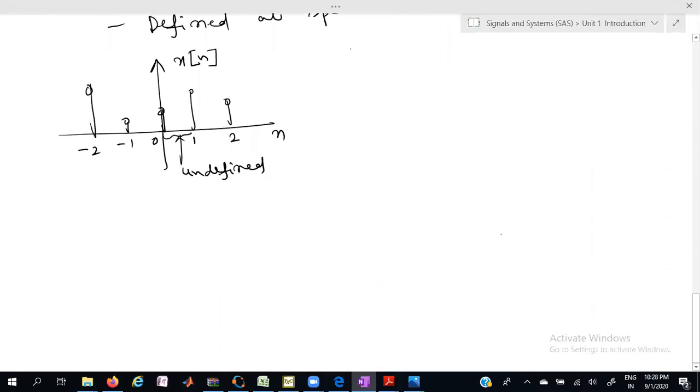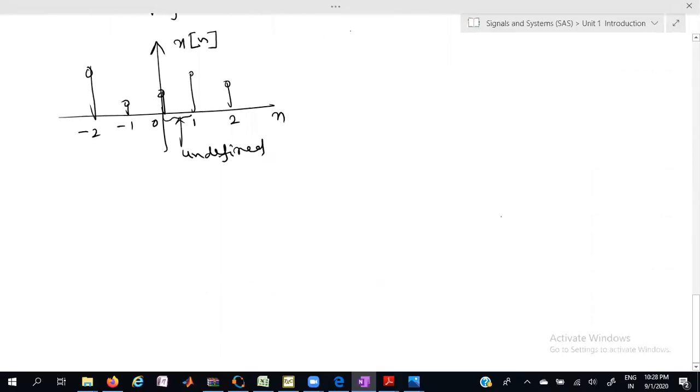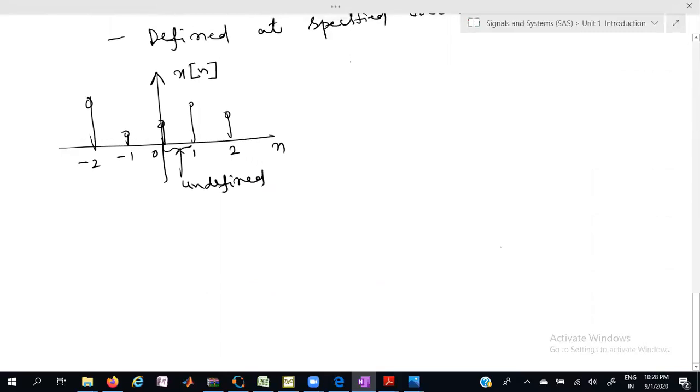Now the next question is, how do I convert an analog signal into a discrete time signal? The process of converting an analog signal into a discrete time signal is called sampling.